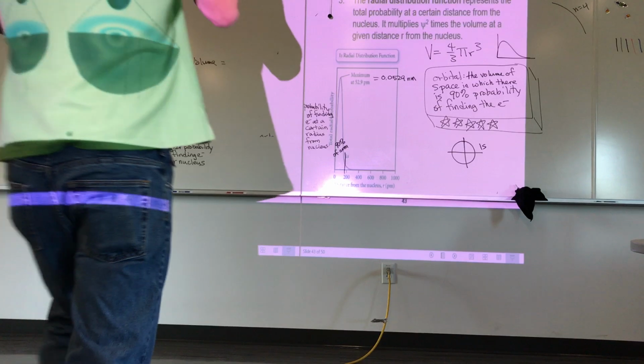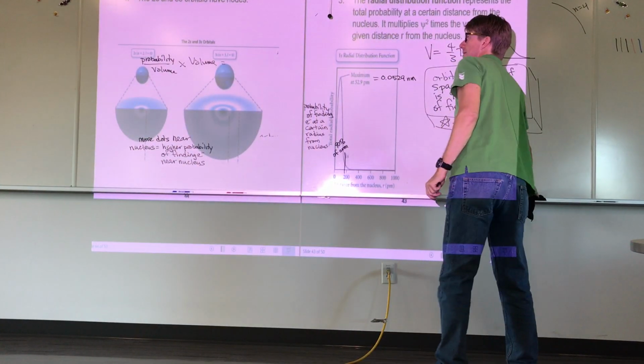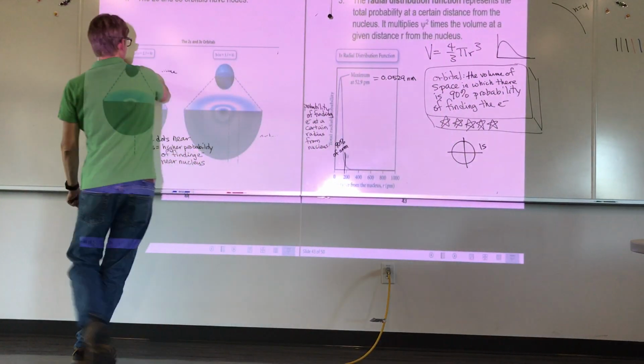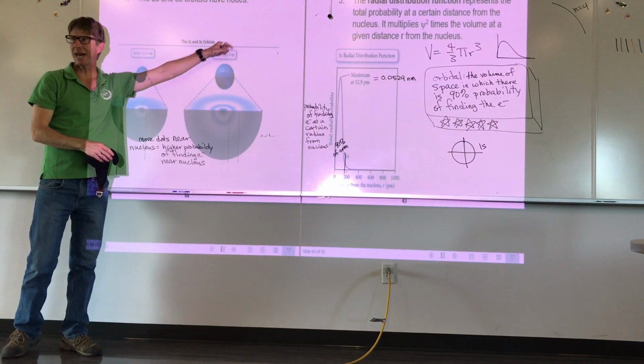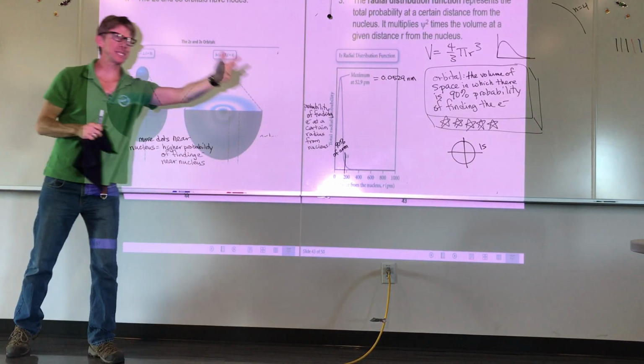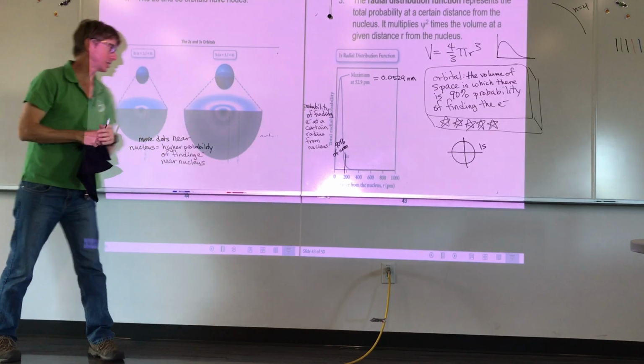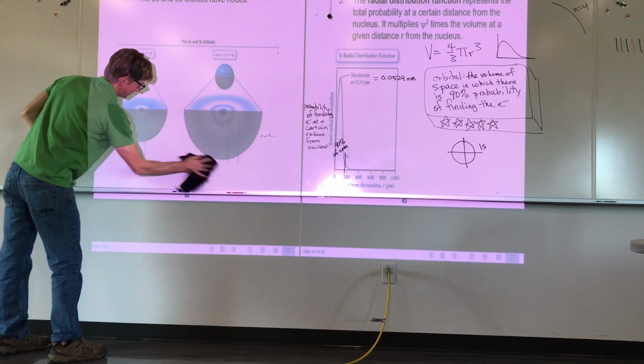Now, a couple other notes. The 2s and 3s orbitals, I said, as you go from 1 to 2 to 3, you get nodes. As you go from s to p to d, you get nodes. We've seen those nodes. Now let's talk here.